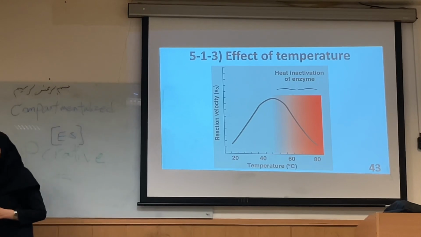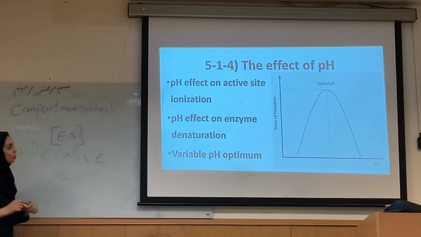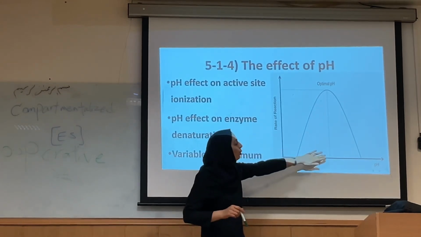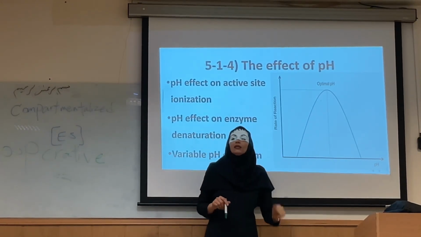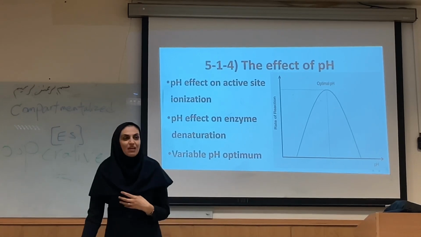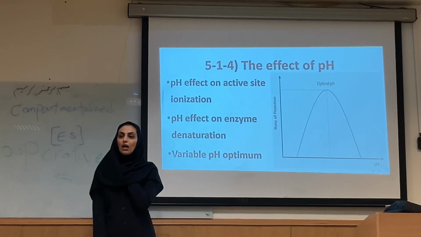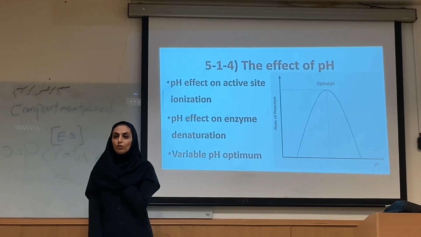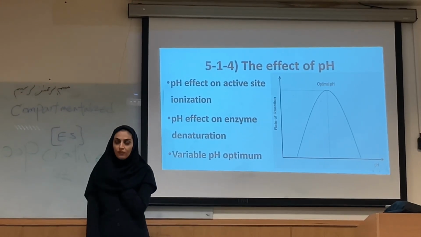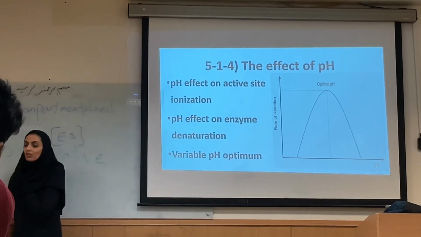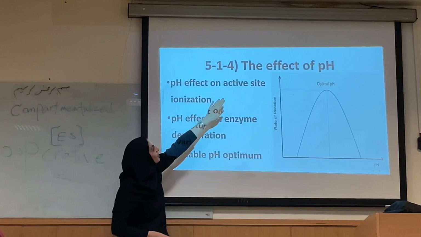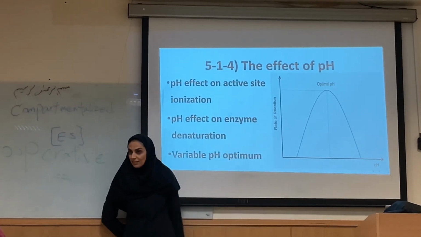Okay? Another is the effect of pH, as you've mentioned, again we have an optimum pH. But guys, is the optimum pH the same for all of the enzymes? No. Some are basic, some are acidic, based on the enzyme reaction. The pH affects active site ionization. Am I right?